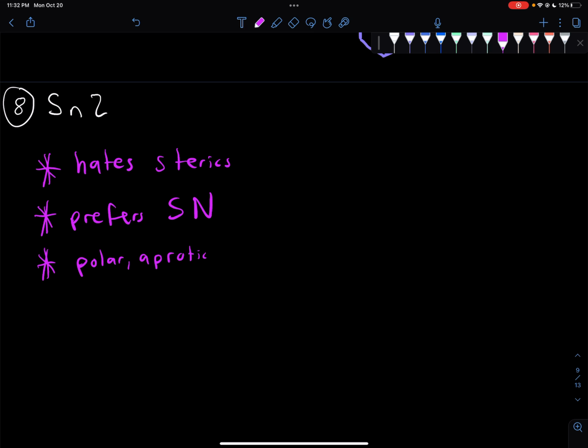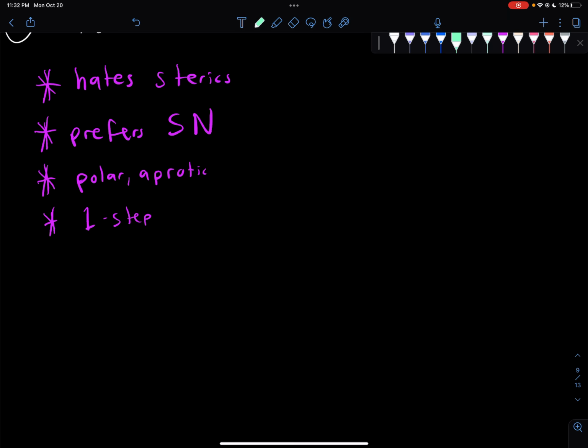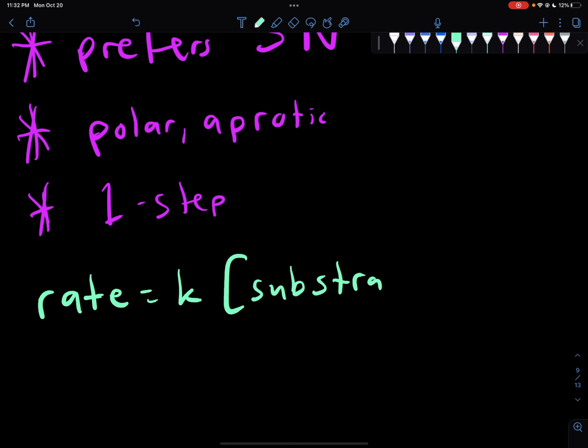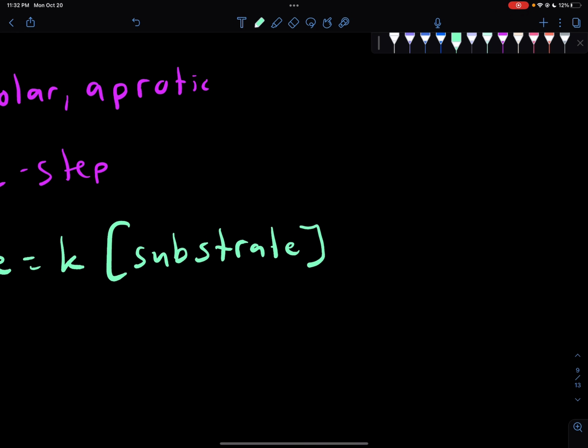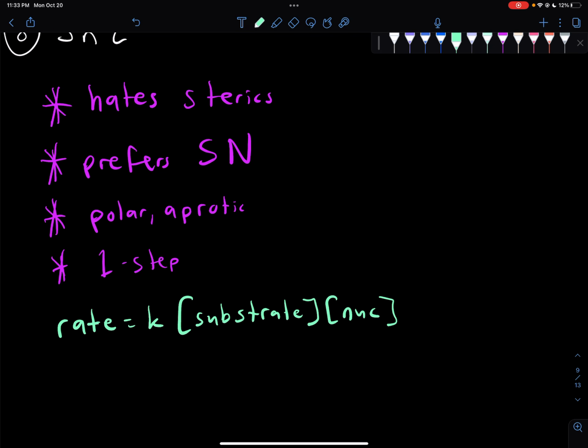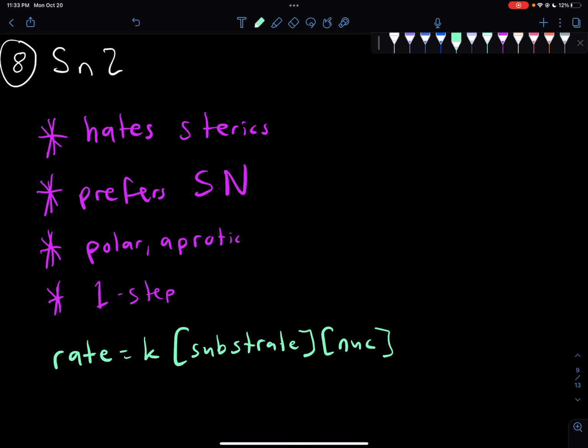So SN2 is a one-step reaction, and please, for the love of Allah, please remember this, okay? Rate is k times substrate times nucleophile. This is why it's called SN2, because the reaction order is 2.